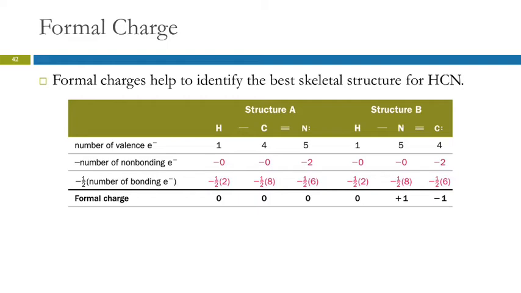And we can predict which of these is better by looking at formal charges. So they've got it all listed out there, but let's just go over how that happens. So let's do structure A over here. So that's structure A and structure B.